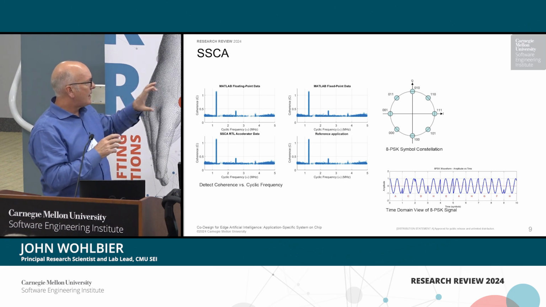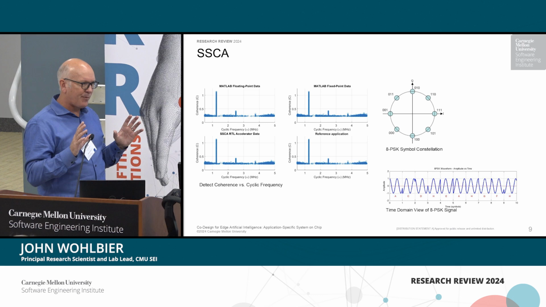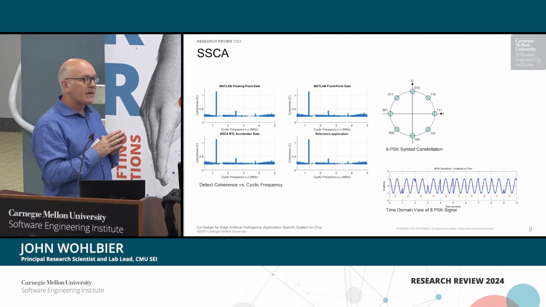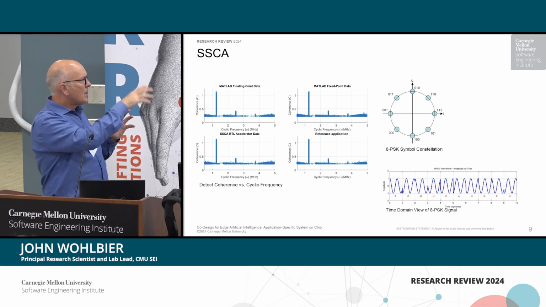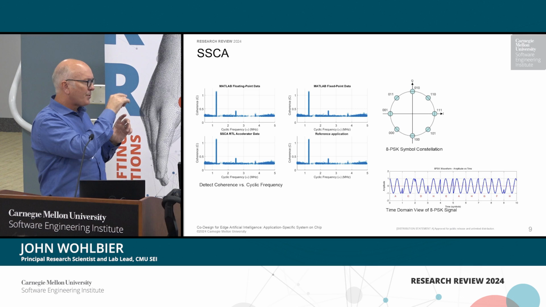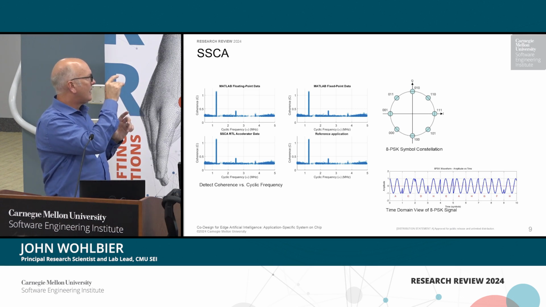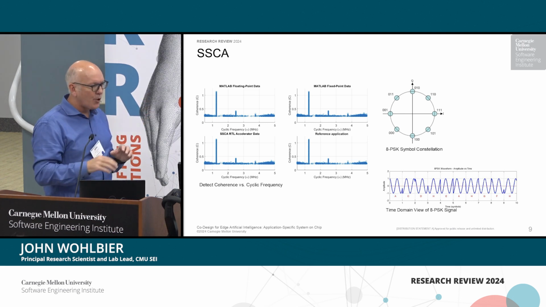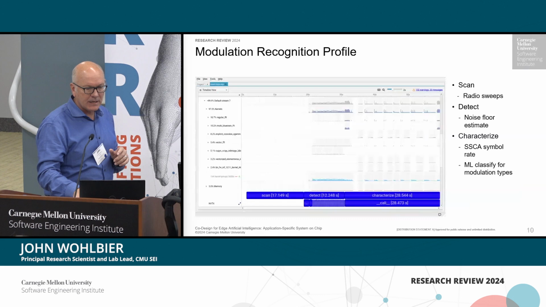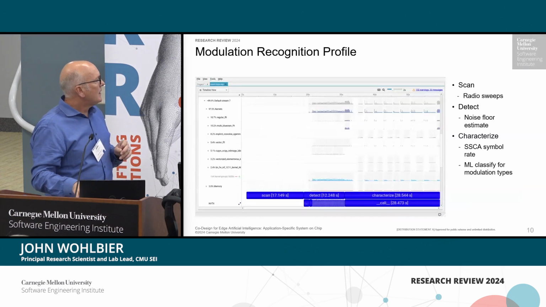SSCA did not have any a priori knowledge of what the data rate was, but it calculated it. The multiple graphs are just showing that we have several implementations, from MATLAB to the RTL to our reference application, showing that yes, we're doing all these calculations the same.